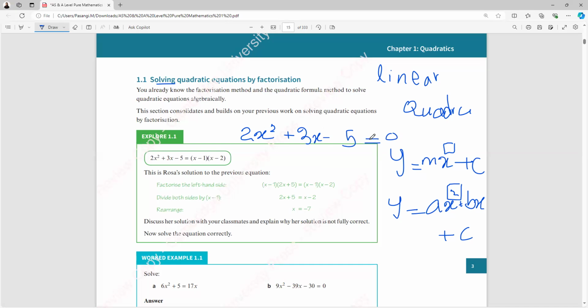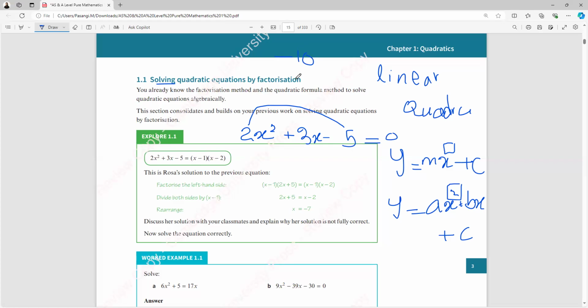What are the steps? Yes, we need to factorize. So quickly here, if we factorize, we need to consider the left hand side, 2x squared plus 3x minus 5. First, we'll multiply these two coefficients, then we'll receive minus 10. If it's minus 10, then we have to check what combinations we can prepare.